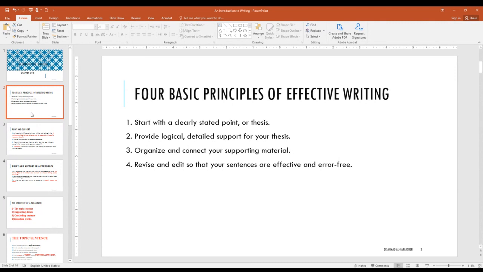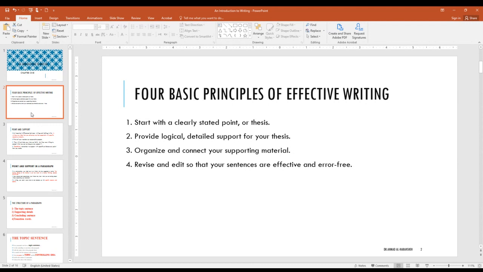So in writing, guys, you have to make sure that it's not a matter of filling up information, providing so much information. You gave me so much information, but the question is, is this information related to your topic sentence?